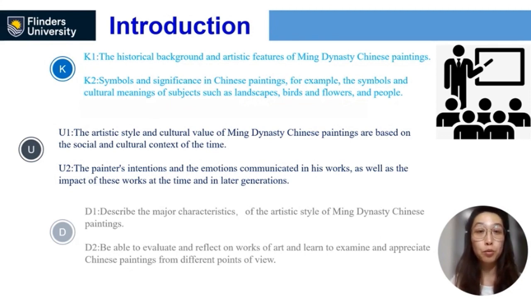Be able to evaluate and reflect on works of art and learn to examine and appreciate Chinese paintings from different points of view. The essential question we set in this lesson is: what is the relationship between culture and art?